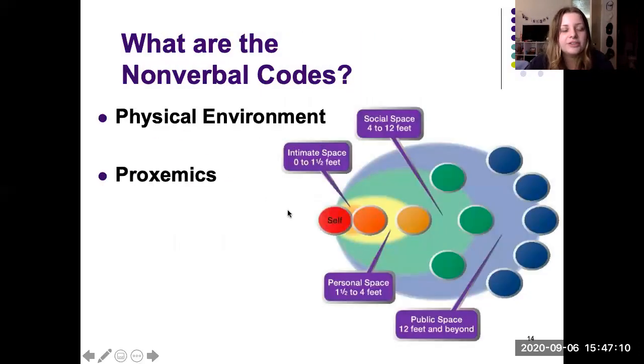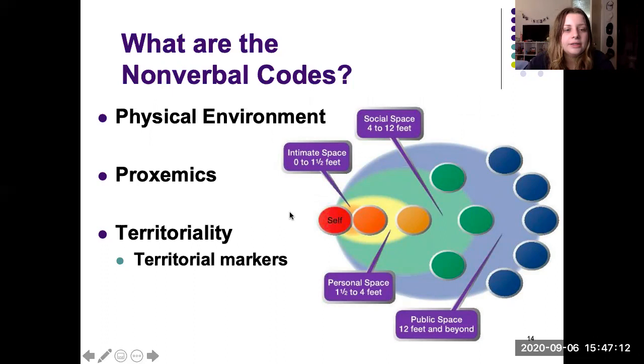So, moving on to physical environment, proxemics, and territoriality. These are all kind of interplayed. The physical environment just refers to the space around you. Proxemics refers to the little graph image on the PowerPoint slide. There's a general expectation of who we let into our space.